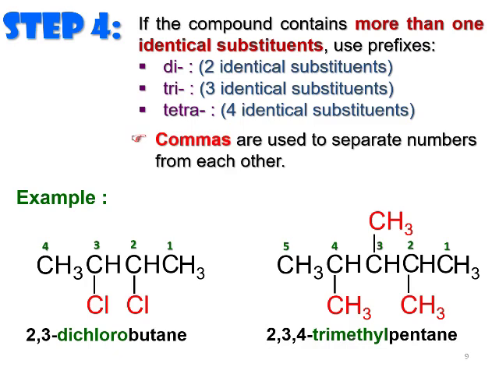Commas are used to separate numbers from each other. Example: 2,3-dichlorobutane, 2,3,4-trimethylpentane.